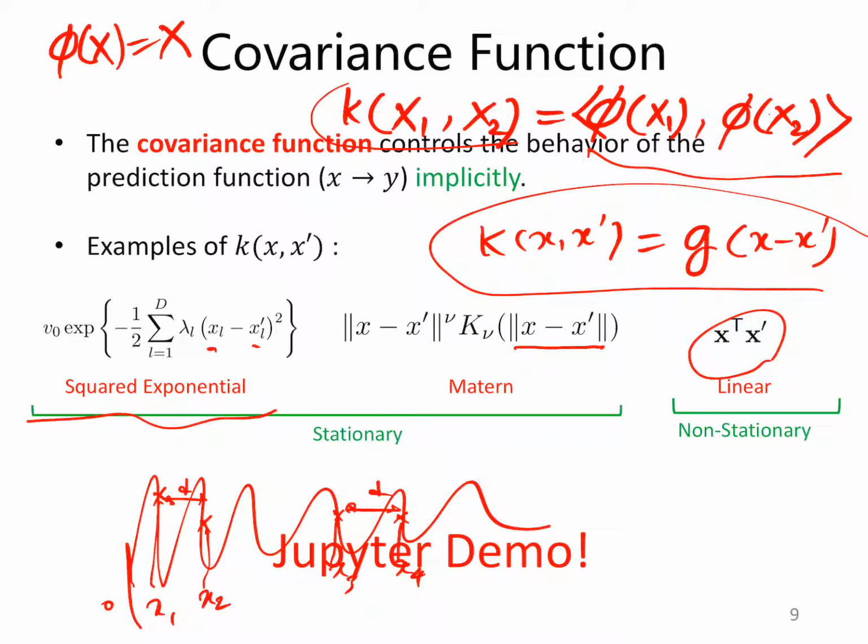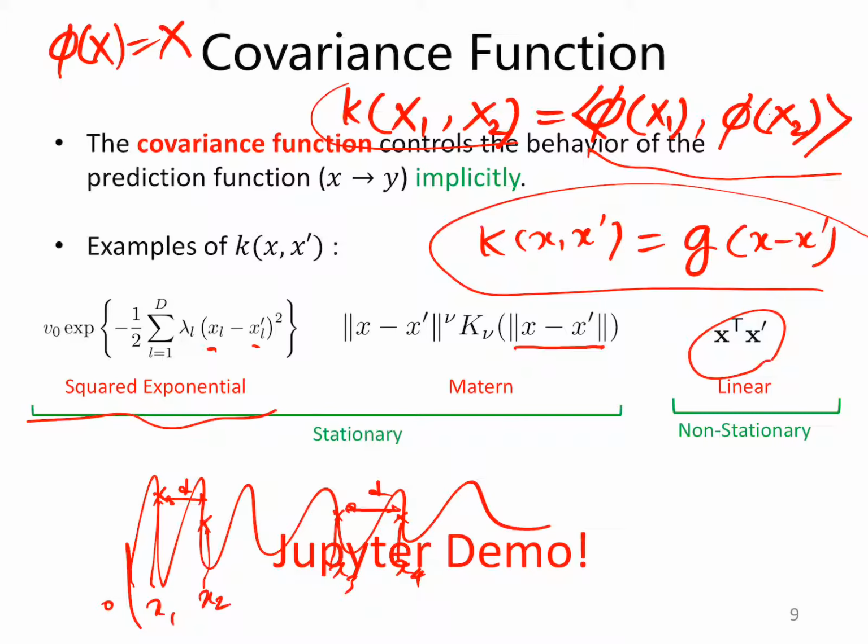So let's start, for example, with the SE kernel, the squared exponential kernel. So I'm going to make a kernel between my training data, XS. My training data would be these locations.